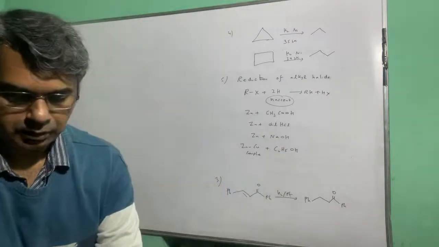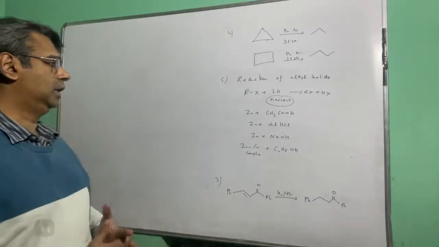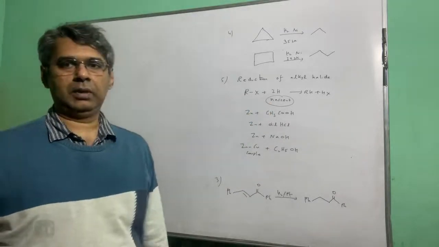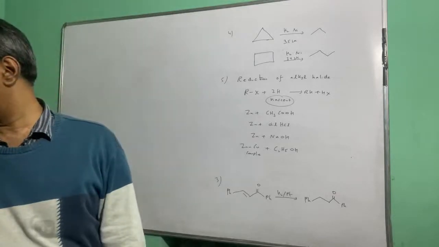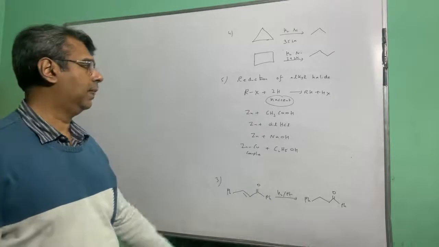Okay, from where do we get it? You can get nascent hydrogen from a certain combination of sources. You can get it from zinc plus acetic acid.